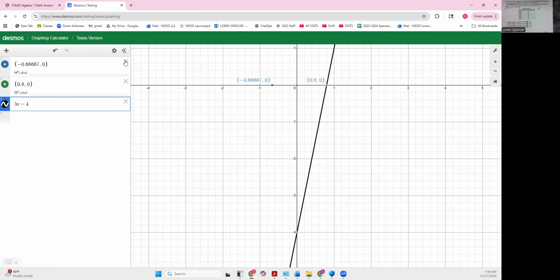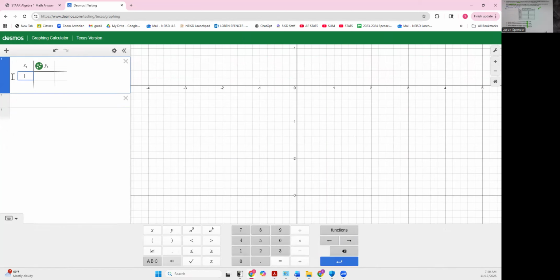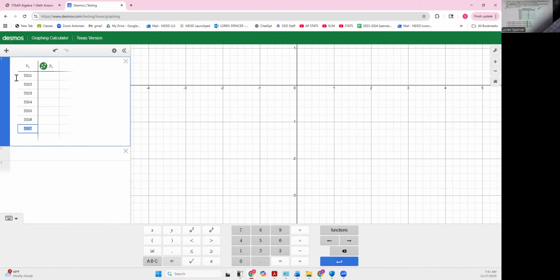Okay, once again, clear out the material. We're going to hit the plus button, ask for a table, and we're going to put in 2011, 2012, 2013, 2014, 2015, and 7.